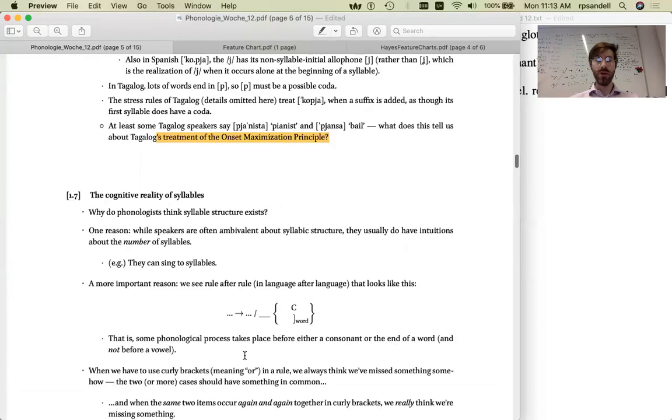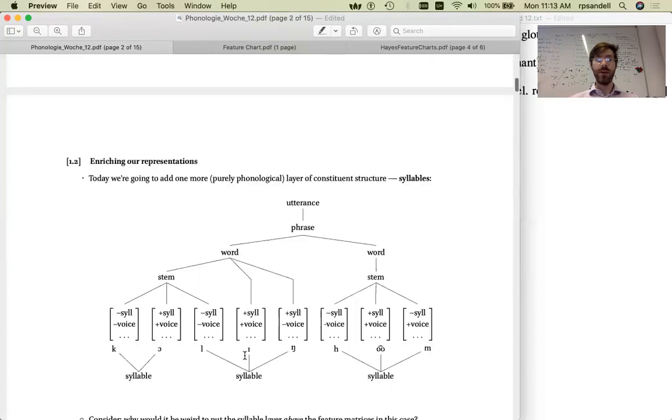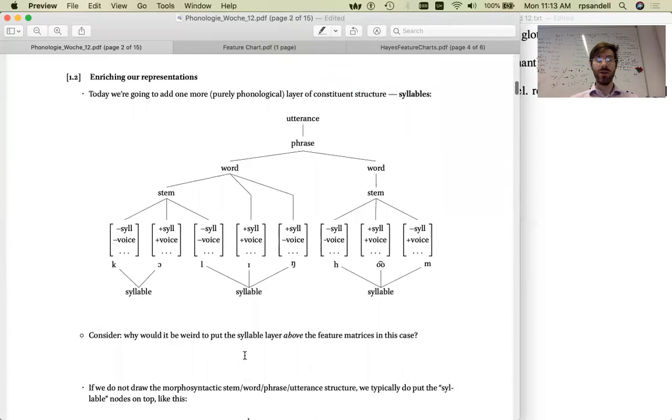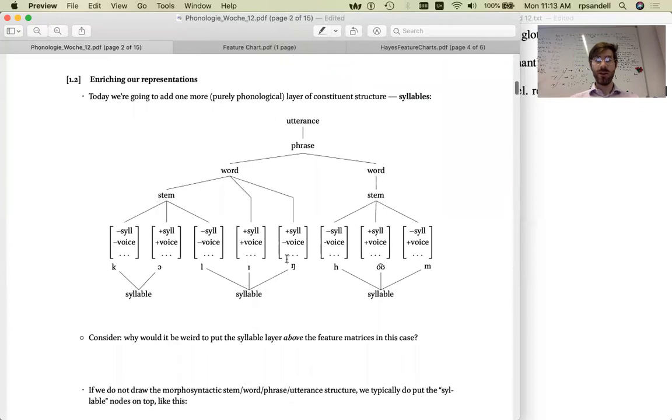If you recall from our first example with the word calling home, here we see clearly in English that syllabification is not stem bounded because this L, which belongs to the stem, is placed into a syllable with the segments of this inflectional suffix ing.